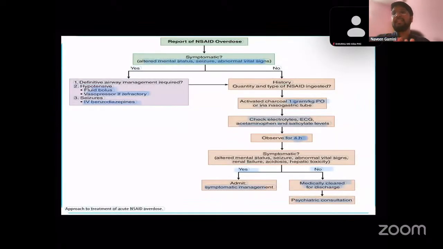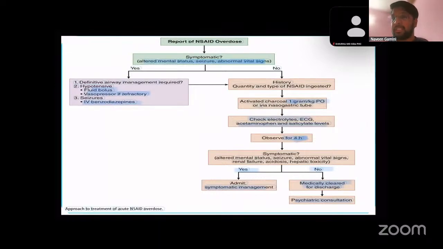Regarding NSAID overdose, first we see if the patient is symptomatic or not. Symptomatic means having altered mental status, seizures, or abdominal pain. If so, then we do the simple ABCD emergency pathway, starting with definitive airway management. If the patient is hypotensive, we give fluids or support with vasopressors. And if there are seizures, then IV benzodiazepine is the choice.